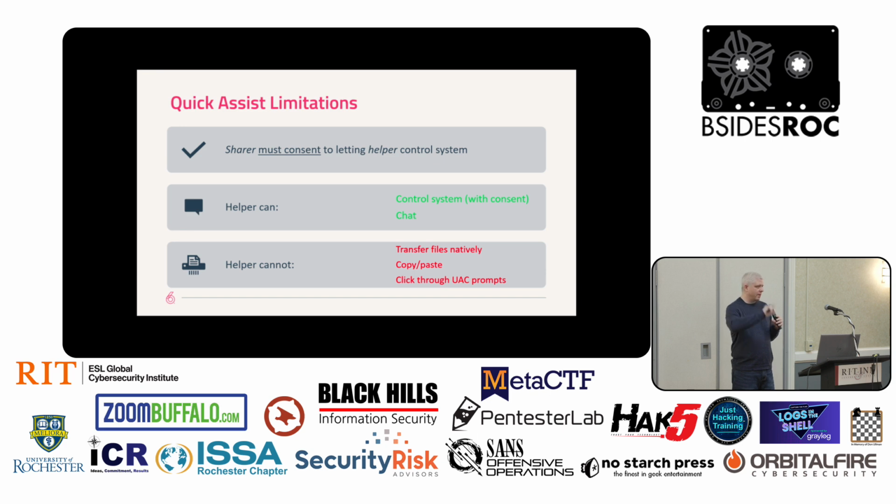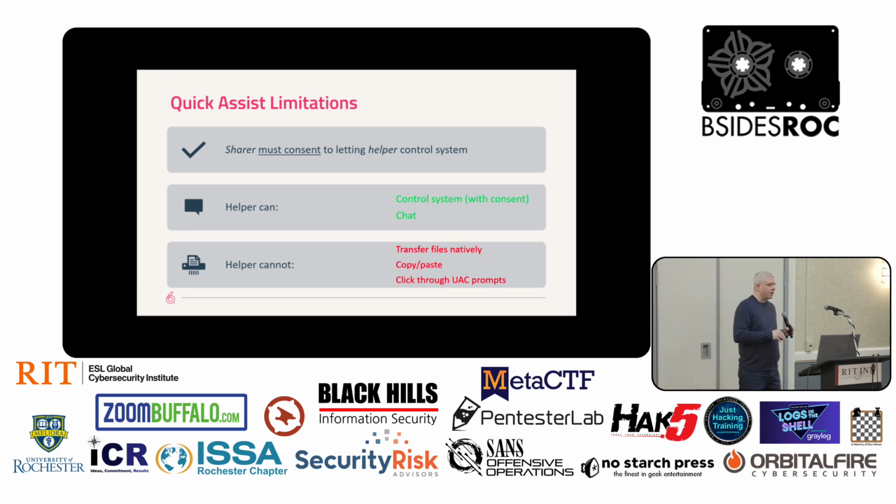There's a little button that has to be hit by the helper that says they want to control the system, and then a little pop-up appears on the sharer's side that asks, do you want to allow so-and-so to control your system? So they do have to click through. I mean, we know users, they're going to click through that anyways. If IT is telling them, hey, we need to control your system, they're going to let that happen, but there is at least that consent that needs to happen.